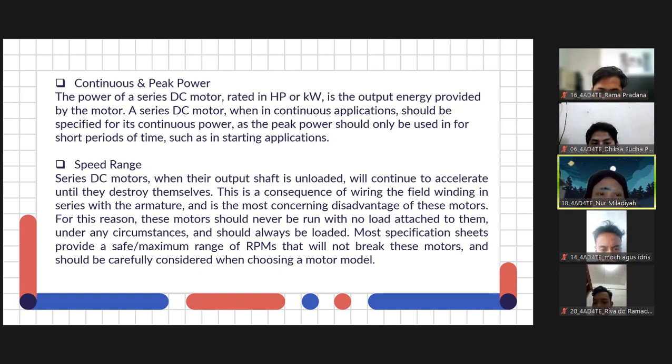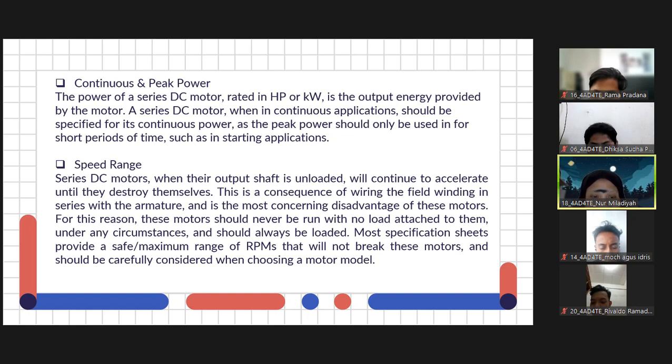And the next is speed range. Series DC motors, when their output shaft is unloaded, will continue to accelerate until they destroy themselves. This is a consequence of wiring the field winding in series with the armature and is the most concerning disadvantage of this motor.